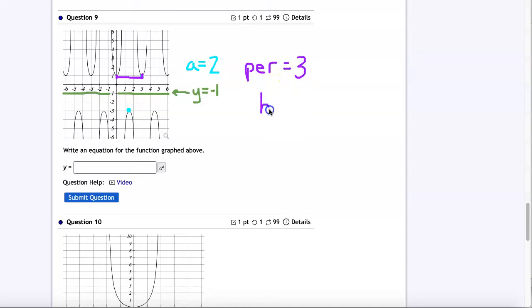That would mean that my b value is 2 pi/3. And lastly, I need to figure out: is this cosecant or is it secant?